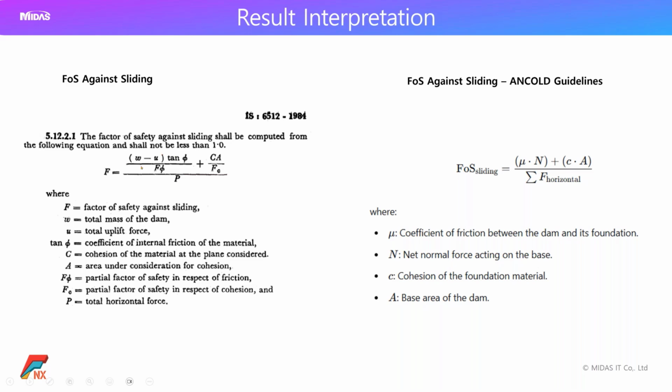The resisting force we can get from the interface result, and this is the cohesion component. Similarly, this is also the resisting force upon the applied force, which we will be calculating directly from the software.